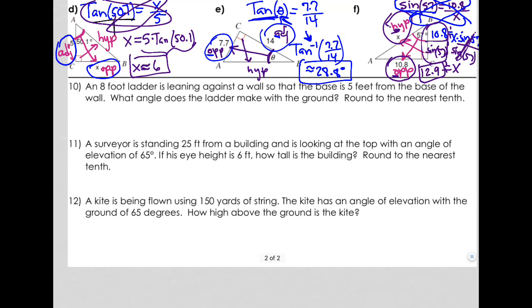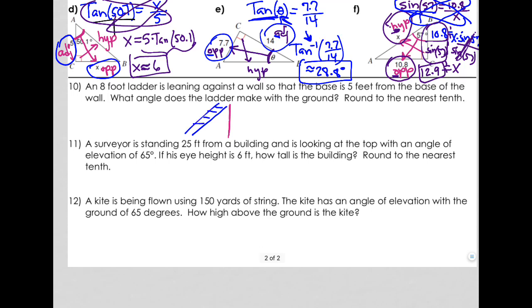Alright, so number 10, we have an 8-foot ladder leaning against a wall. Well, obviously we know a wall is vertical. If you ever saw a ladder leaning, a ladder isn't laying straight up on a wall. It will fall down. So what it means by leaning is, let's say someone's using the ladder, they're going to lean the ladder against the wall that way.